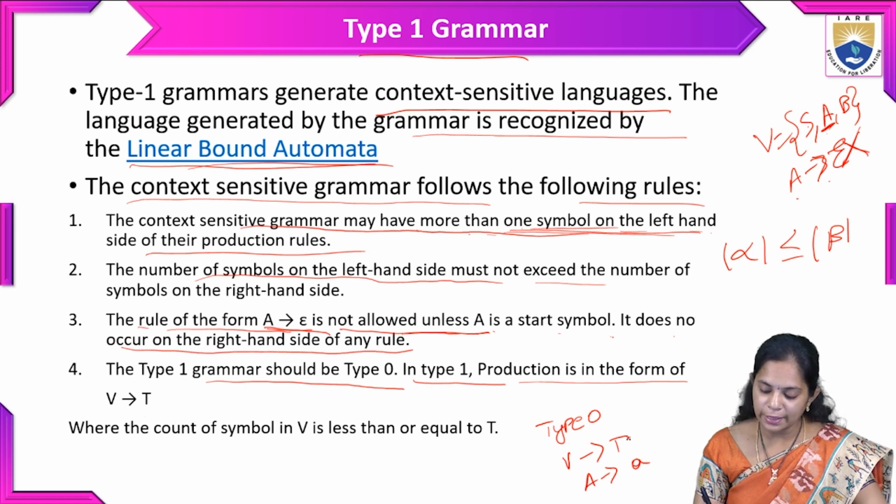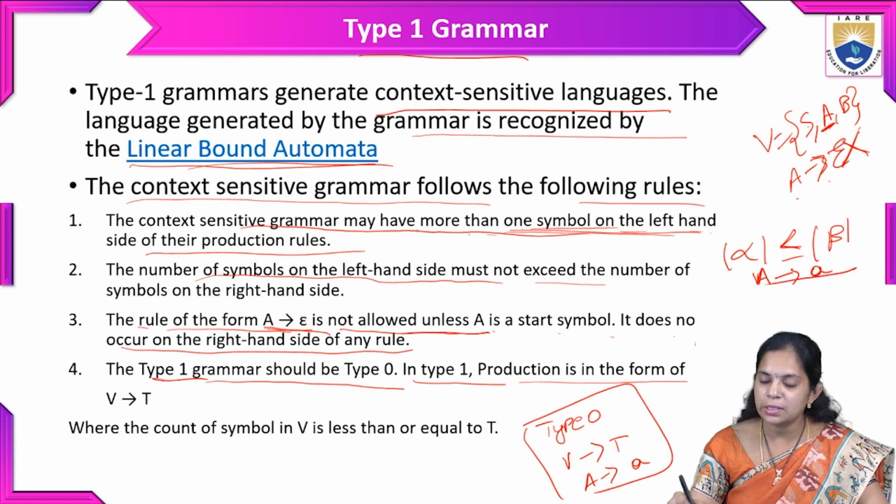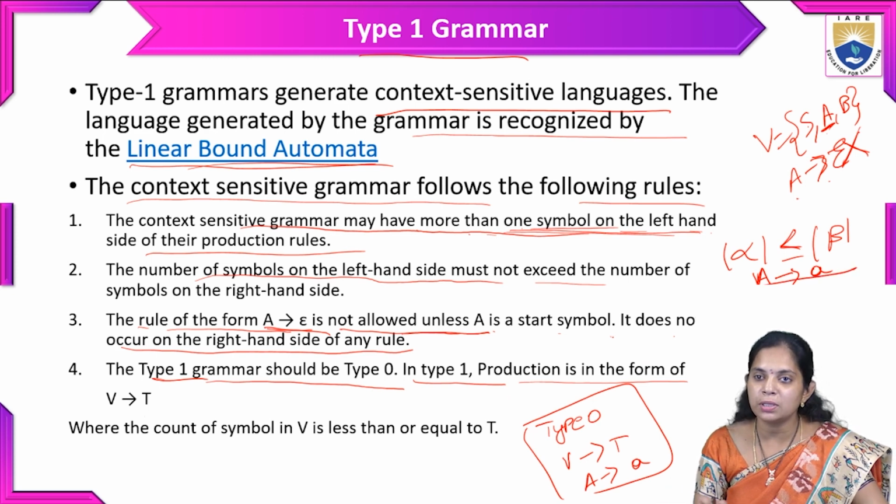Like that, in type 1 also there is the possibility of less than or equal to, so A tends to a is also possible. So these two types of grammar are the same in this situation, that is the terminal symbol situation.